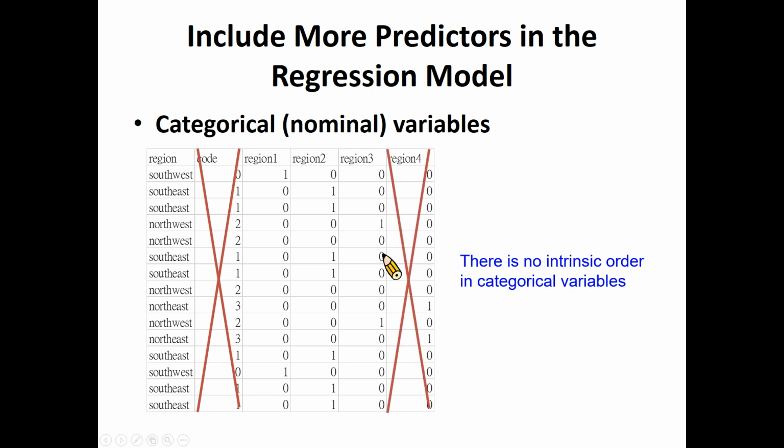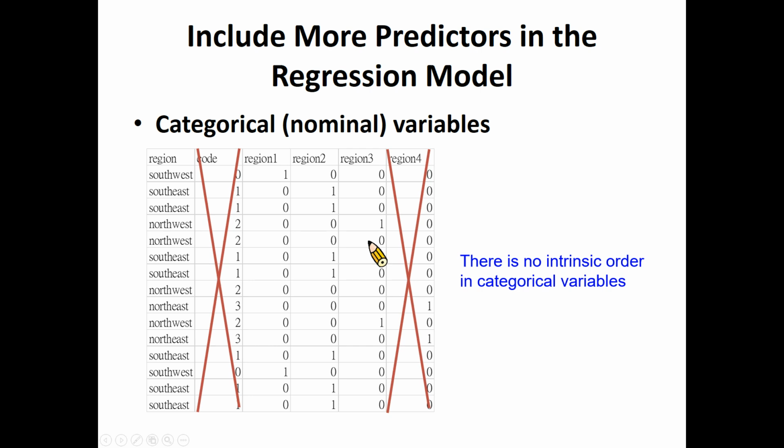In this case, we can delete the fourth column and only use the information in regions 1, 2, and 3 as predictors in the multiple linear regression. That is very important, but also the tricky part in multiple linear regression analysis.